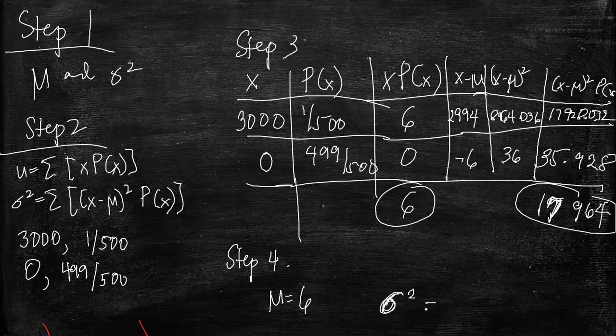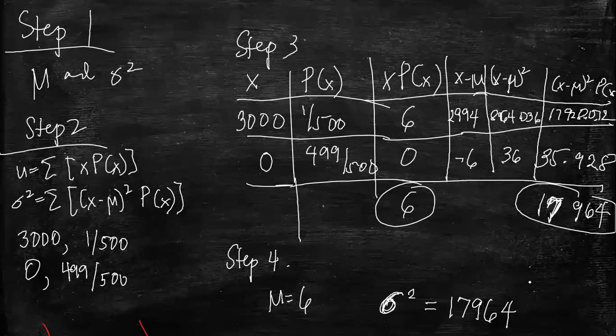Yung variance natin, sinasabi nilang ganyan kalaki yung ating scatteredness, o yung kung ganyan ka-scatter yung ating data with respect to the probability.